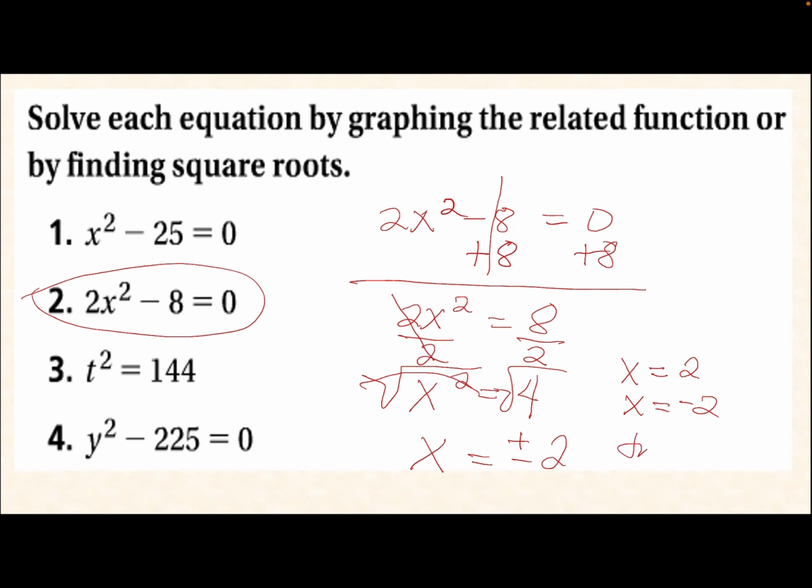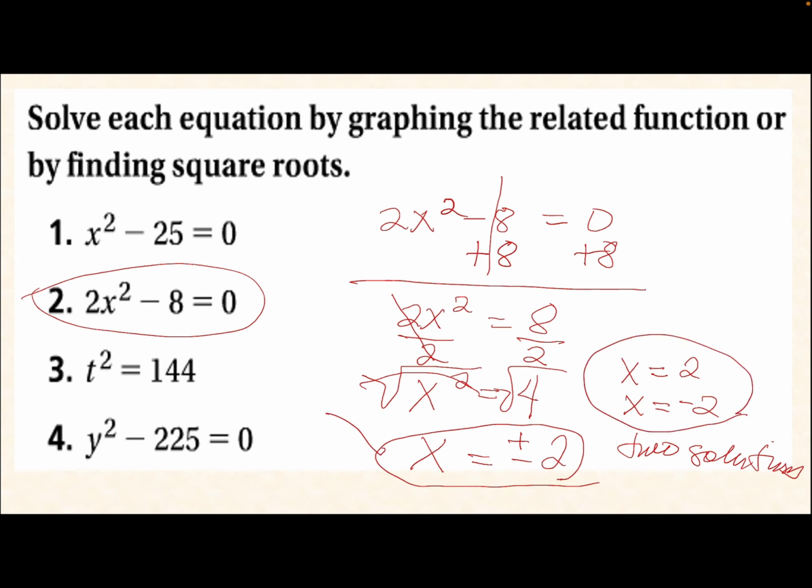It has two solutions. So if your answer is this one, you're correct. If you write your answer in this form, that is still correct. So that is finding the solution of a given quadratic equation by extracting the square root.